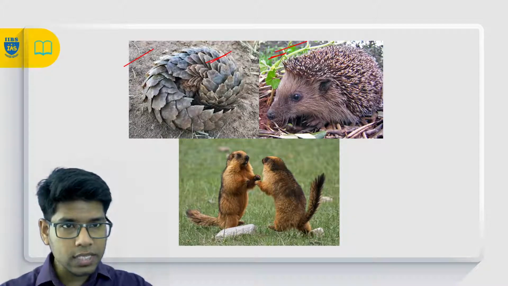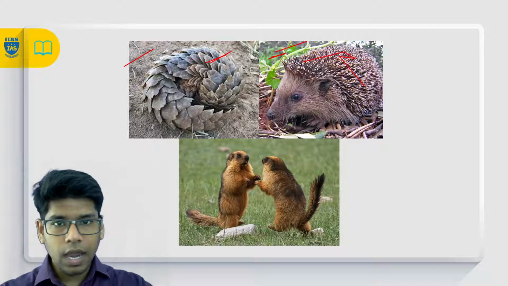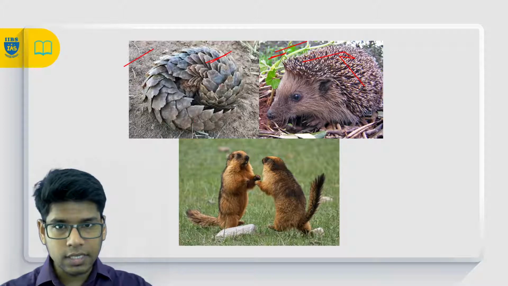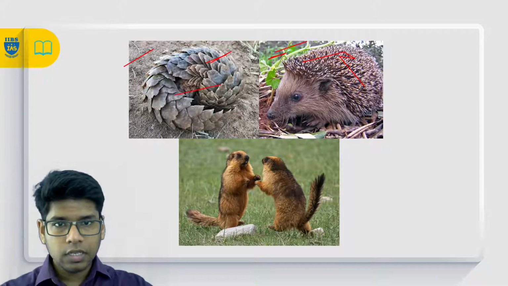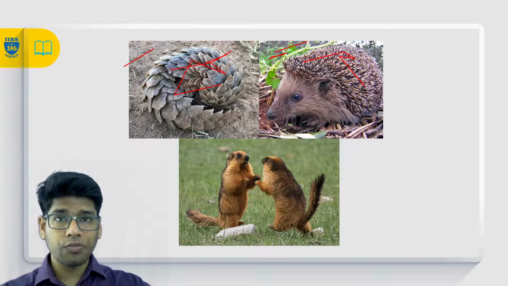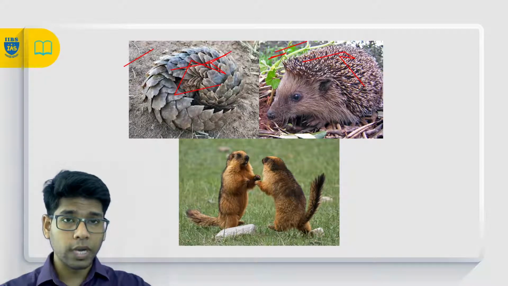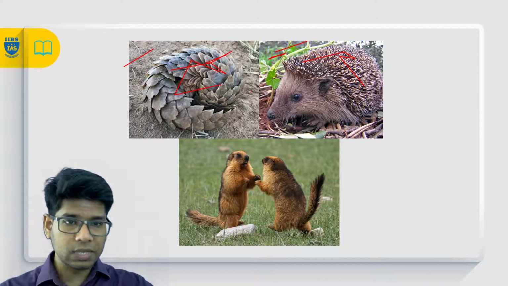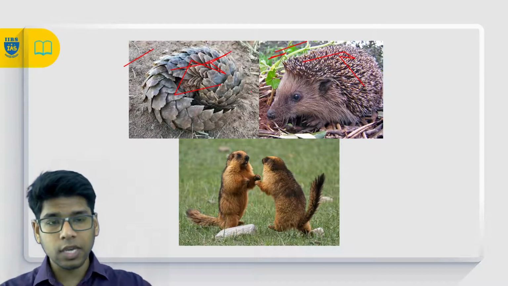The hedgehog has spines as the exoskeleton, and the pangolin has scales. Because the abdomen, the dorsal area, the ventral area is sensitive, they roll themselves up so that the exoskeleton is exposed and the predators cannot prey on them.